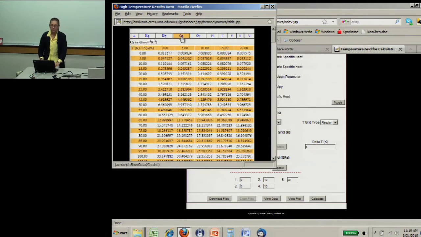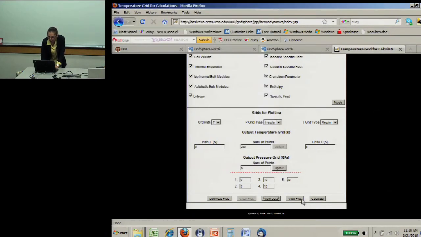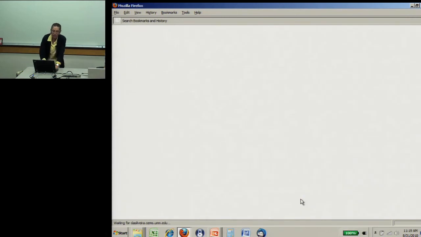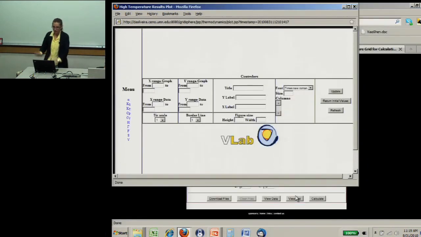It's taking time to transfer here, that's all. So all these tables can be downloaded. Or you can go and view the plots, interact with the plots, and so on. So these are some of the resources that we have available.